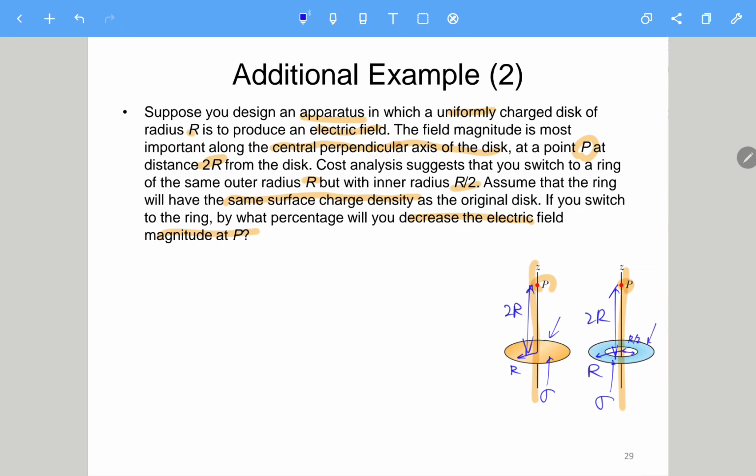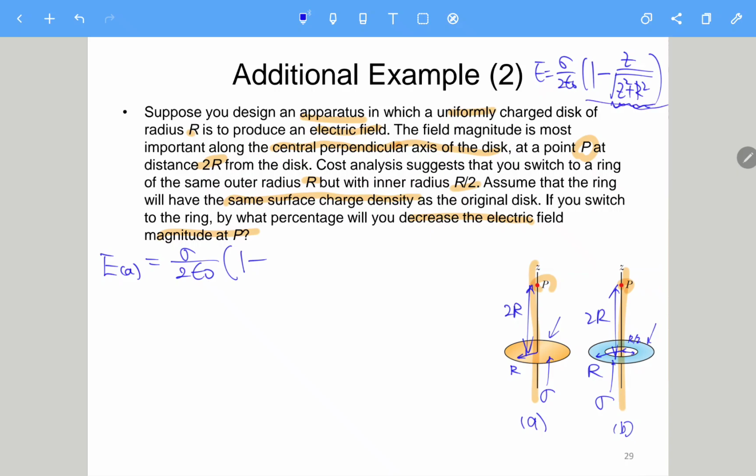Okay, so first of all, this one is A, this one is B. Let's calculate E_A. E_A will be sigma over 2 epsilon naught, and then 1 minus... actually we need to make use of E equals sigma over 2 epsilon naught times 1 minus Z over square root of Z square plus capital R square, because this Z is not much larger than capital R, so we cannot ignore the second term in this case, so we still need to keep it.